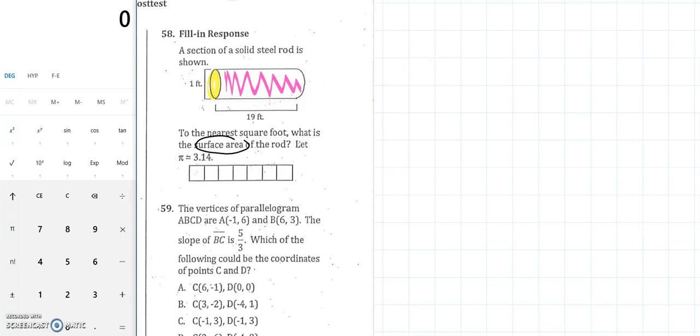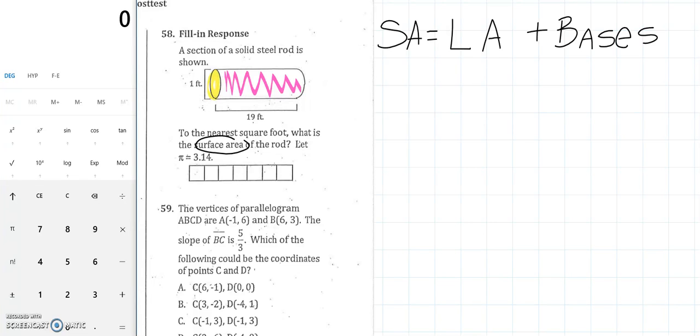Now, the formula for surface area is always broken up into two pieces. You need the lateral area, and then you need to add the area of your bases. Or if you only have one base in the shape of a cone or a pyramid, then it should just be one base.